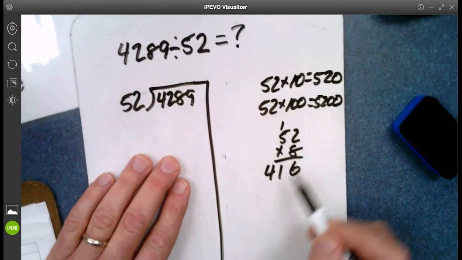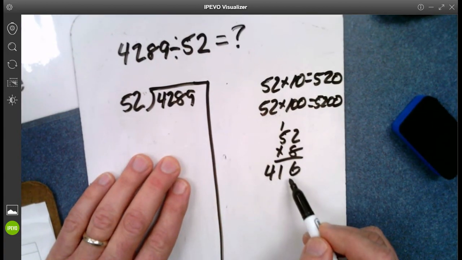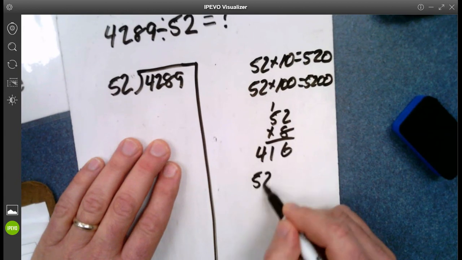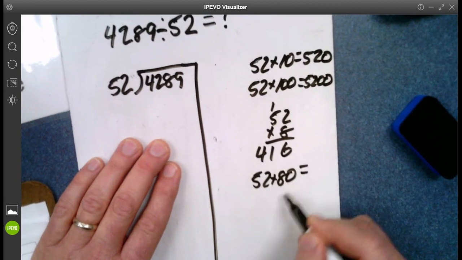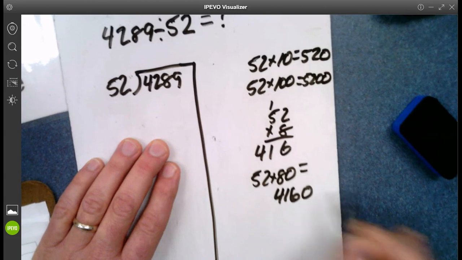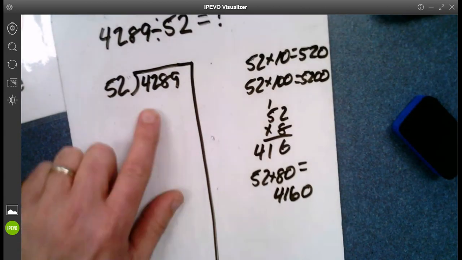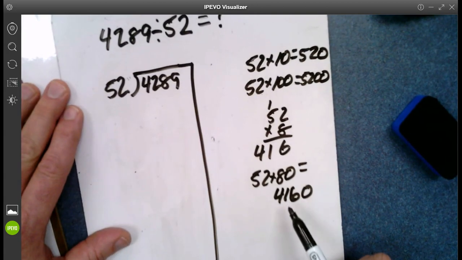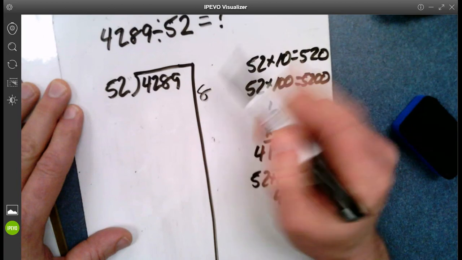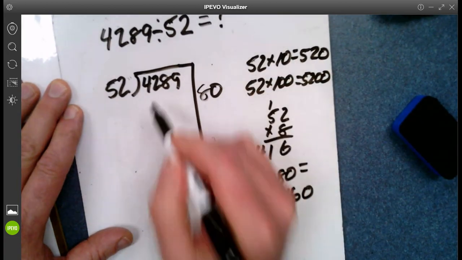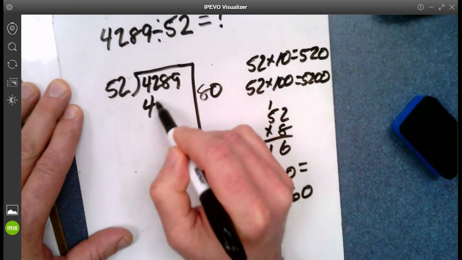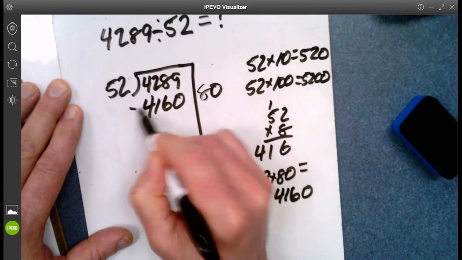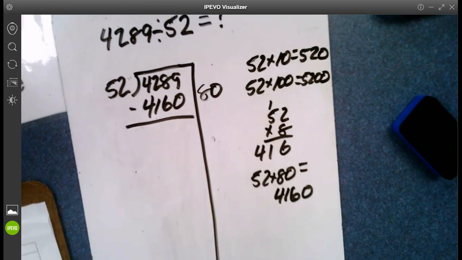If 52 times 8 is 416, then I know that 52 times 80 is 4,160. Well, oh my gosh, that's crazy close. That's really close. So I'm going to go right ahead and I'm going to go to 80 and I'm at 4,160 right away.